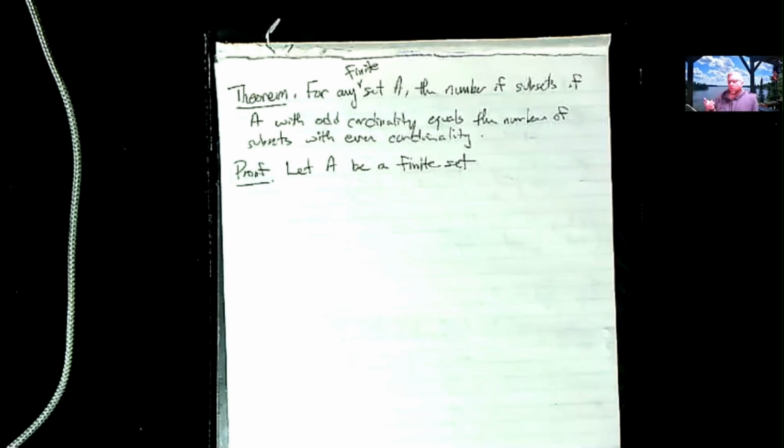Any such requirement would not be good, because A is just an arbitrary finite set. It might have 1,000 elements, it might have none. It might have 10 billion elements, it might have 5. You have no idea anything about it. All it is is a finite set.